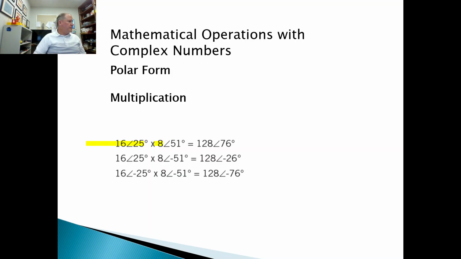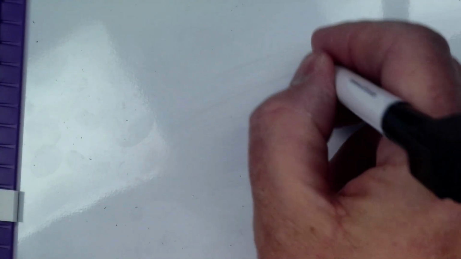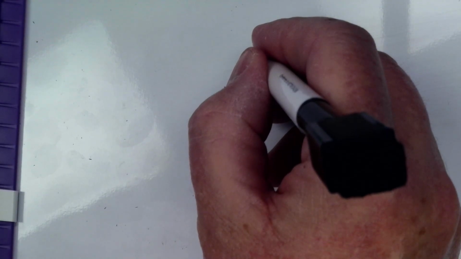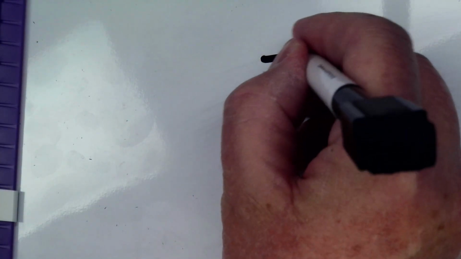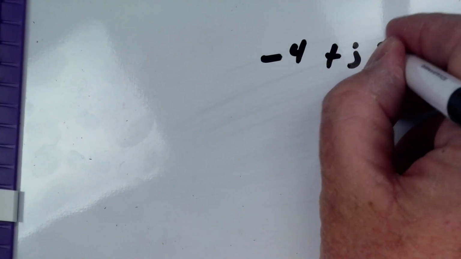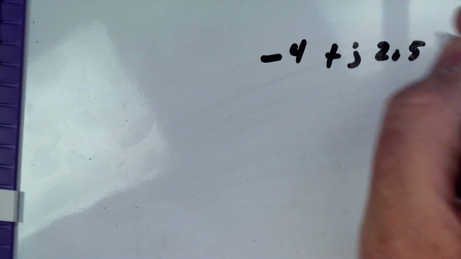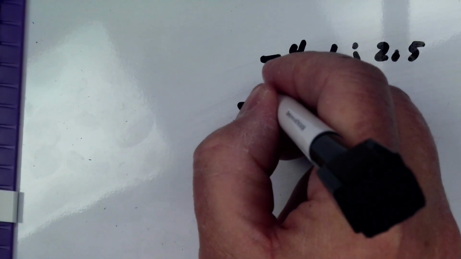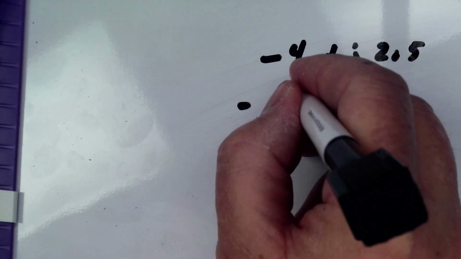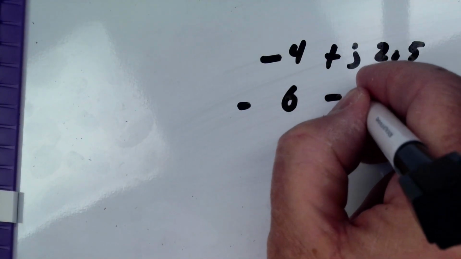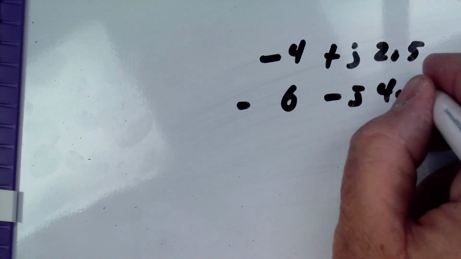Okay? So let's do a couple of these. Again, I'm going to go to the homework so you can see some of these. Let me get my mouse over here. So here, let's do number 8. It says negative 4 plus j2.5 minus 6 minus j4.6.